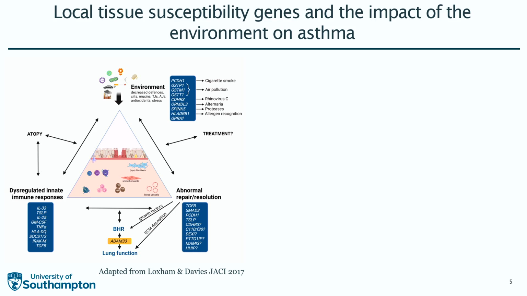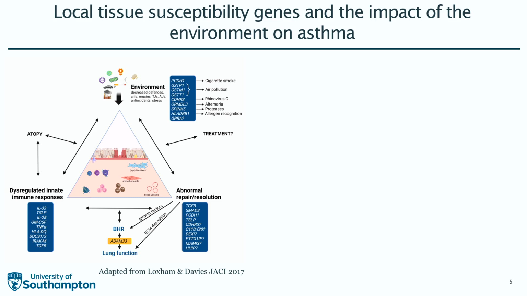So for example, we've got CDHR3 there, which is the receptor for rhinovirus C. We've got genes that are involved in repair and resolution, such as TGF-beta. ADAM33 is another one that I'll touch on. And then also genes involved in dysregulation of innate immune responses, such as IL-33 and TSLP.